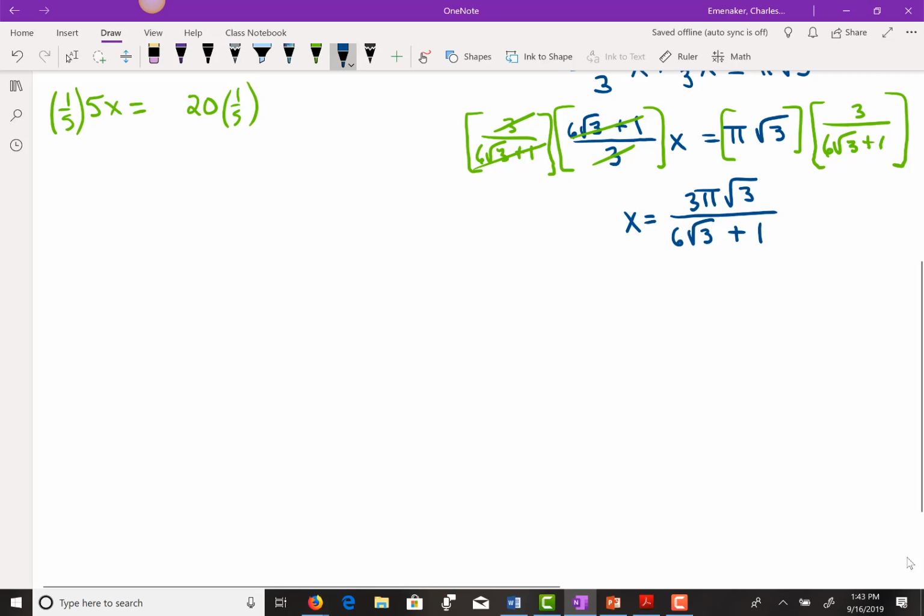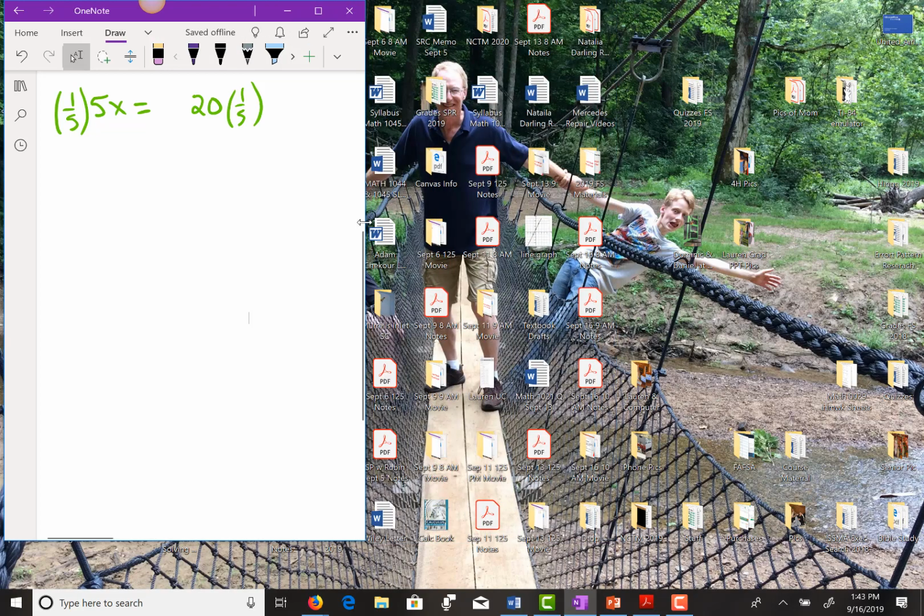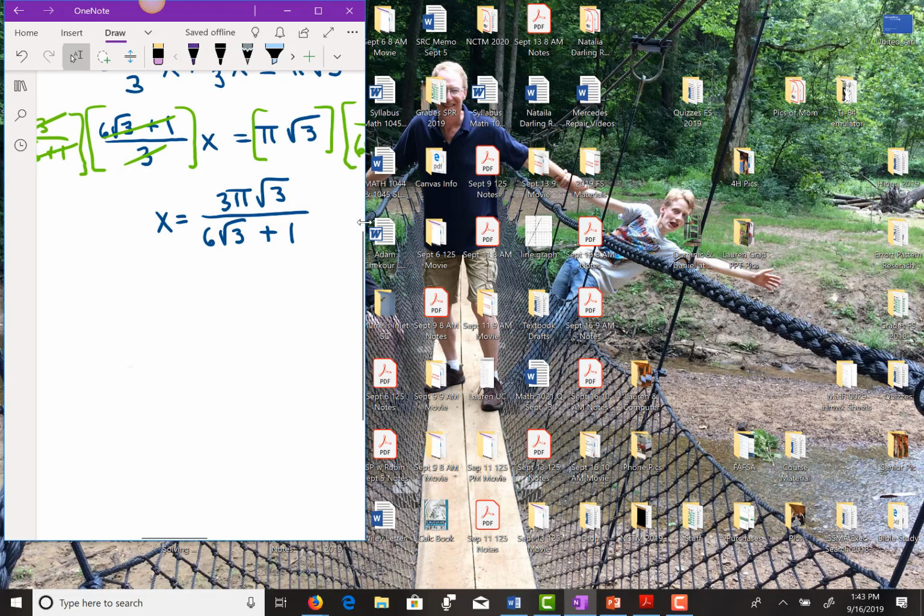Let's see if this will work. I don't know. No guarantees. Okay, so that's good news. That part shrunk down. I want to keep that there. Now, let's see here. I am looking for, I think it says TI-84. Here it is.